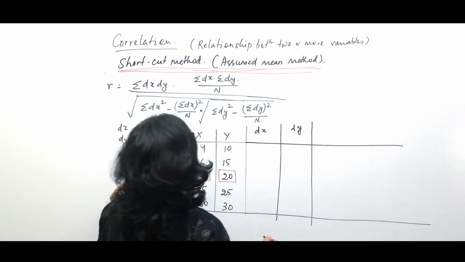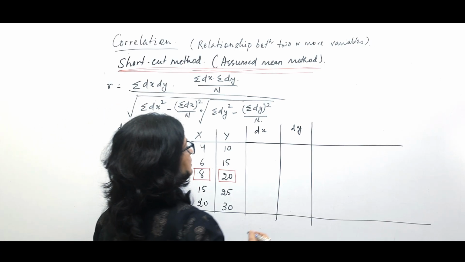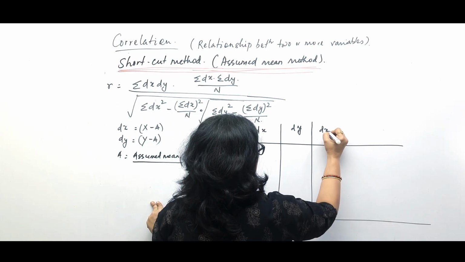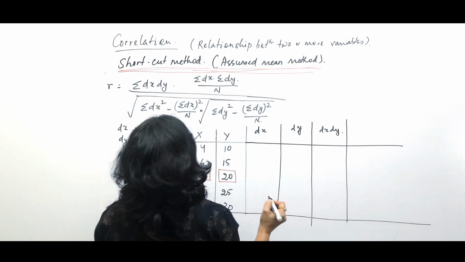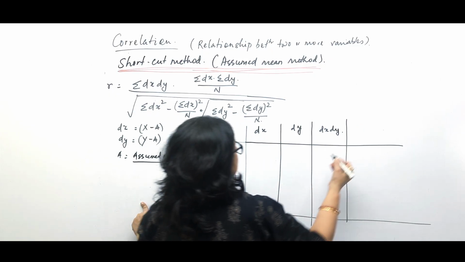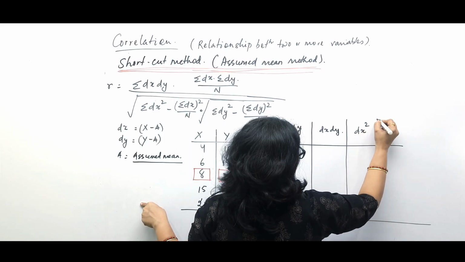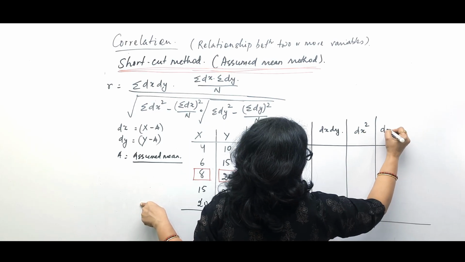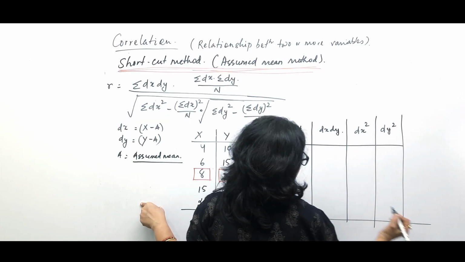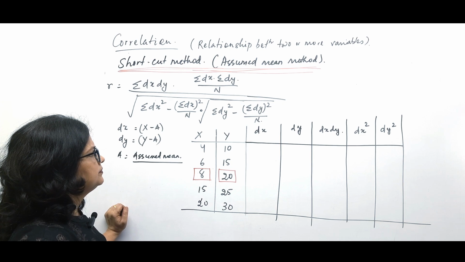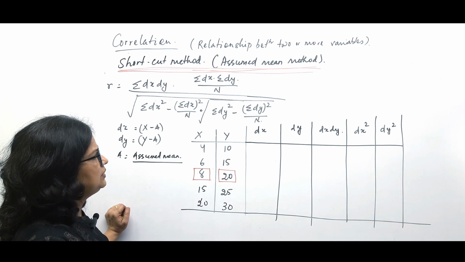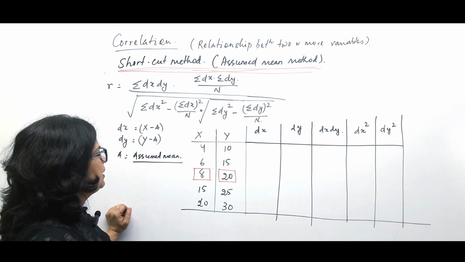Then we need to calculate the multiplication dx dy, with the sigma of dx dy. Then we need to calculate dx square and dy square. So this is our table. We need to do it like this.